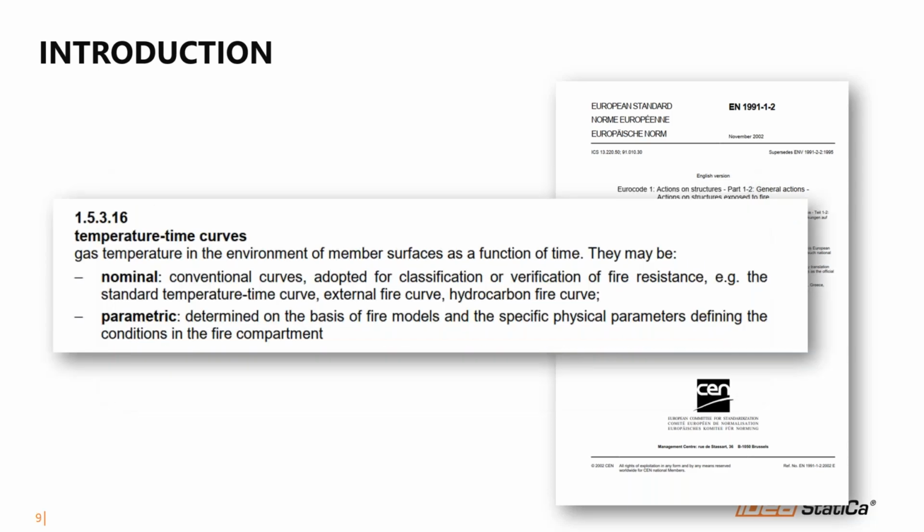Another important aspect of the calculation is the selection of the temperature-time curve, which is basically the gas temperature of member surfaces as a function of time. In IDEA StatiCa, we use the conventional curves defined in the code.